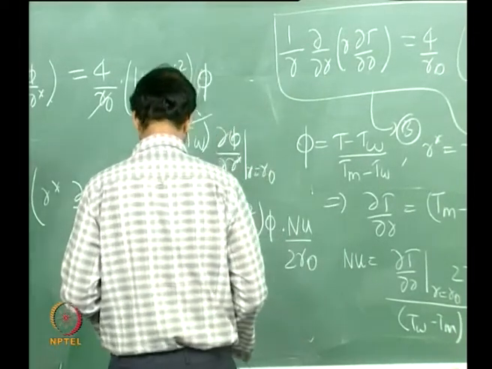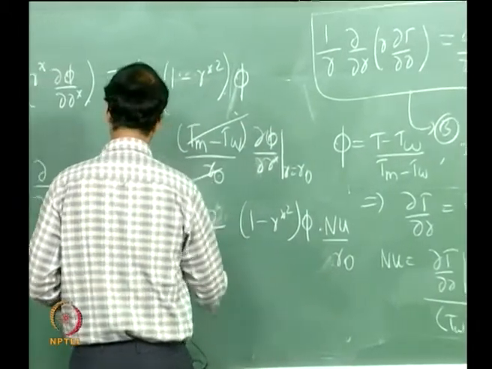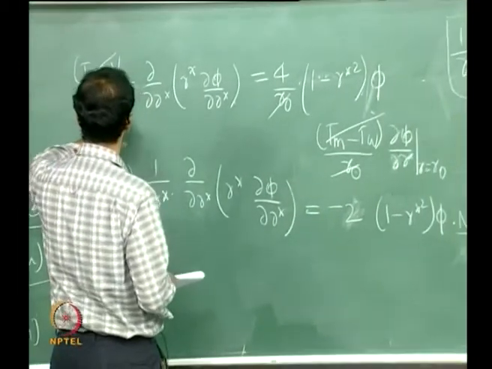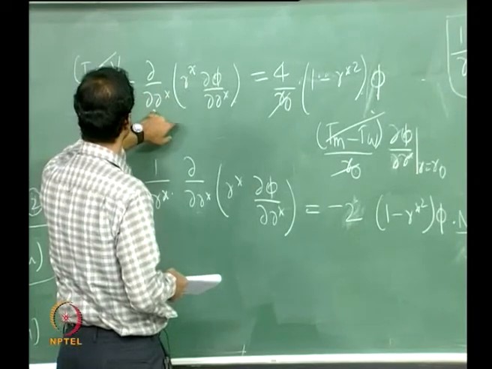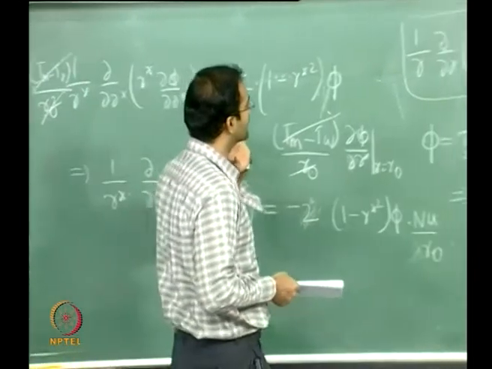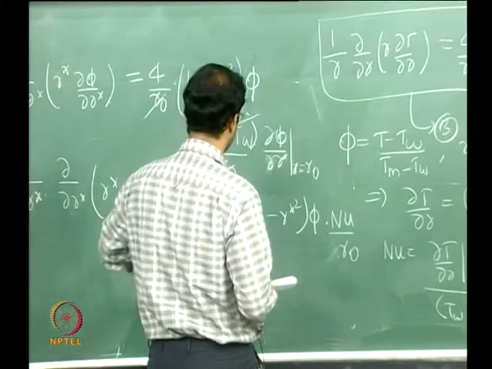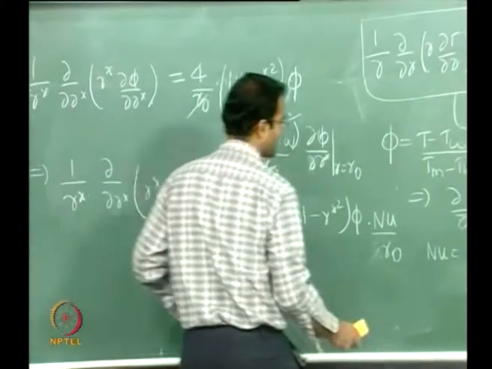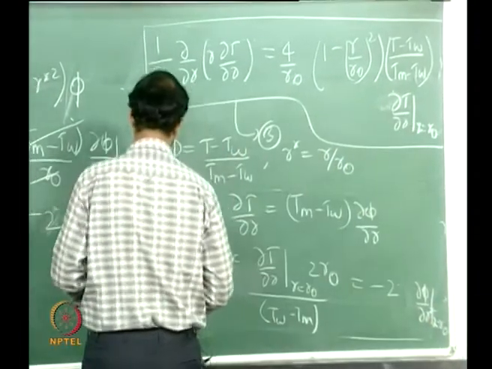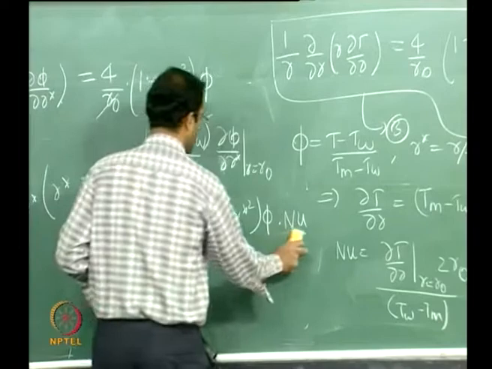There is a factor of r naught which I have to cancel somewhere. So the r naught here cancels, this is r naught squared, and on this side, oh okay, I can write this as d phi by dr star, you are right. This is already d phi by dr star, so therefore this will be in terms of the Nusselt number, okay.